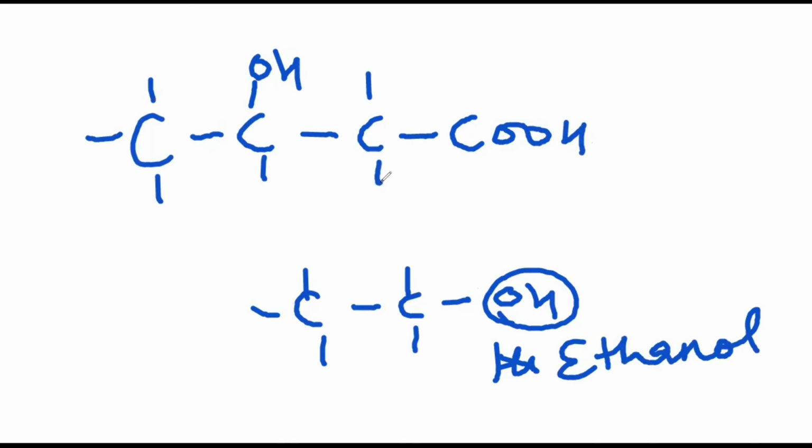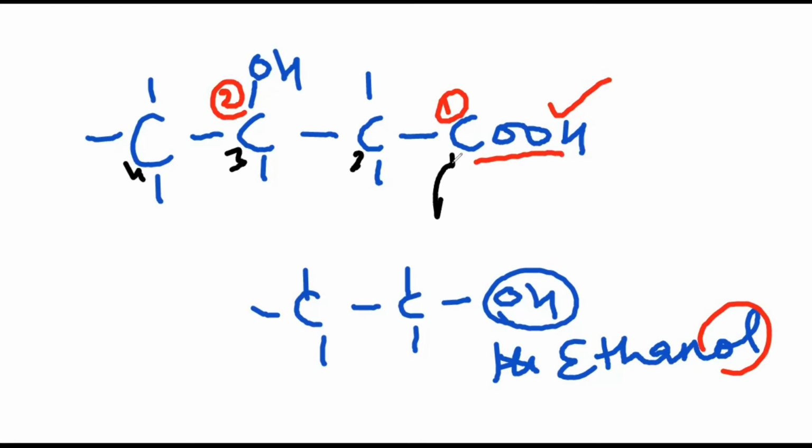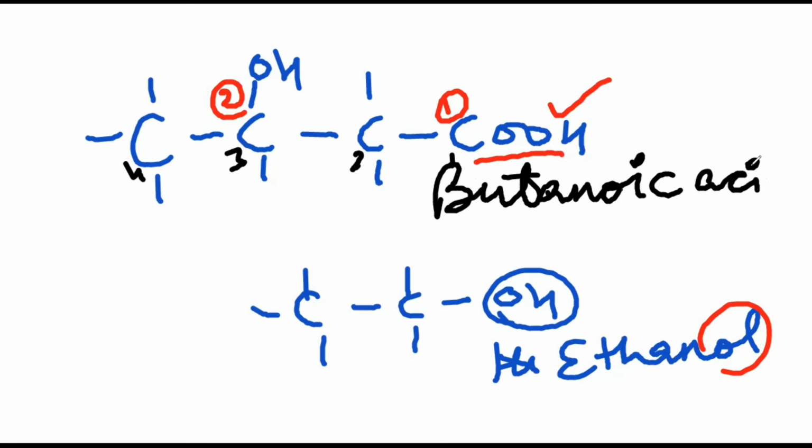The first functional group is the carboxylic acid and another one is the alcohol. Now you can't say it as alcohol because the priority is of the carboxylic acid. So now this one will be known as, because we are supposed to count the number 1, 2, 3, 4, it will be known as butanoic acid.